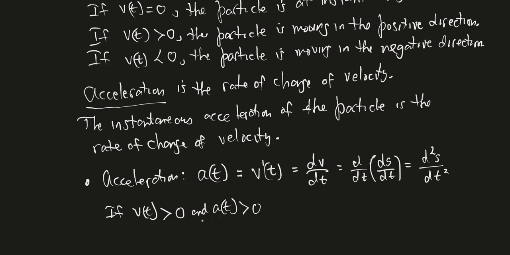But you floor it, and your velocity is increasing, and it's going in the positive direction. So when both of these functions are positive, the object is speeding up in the positive direction.